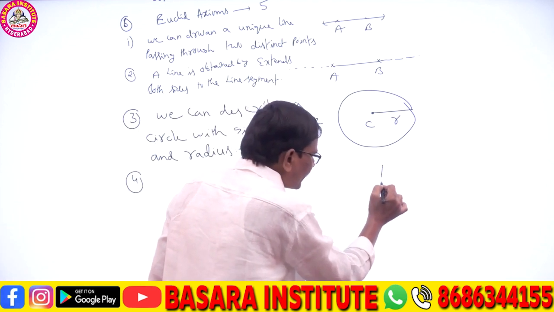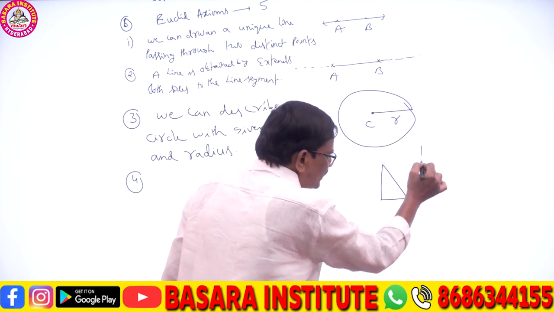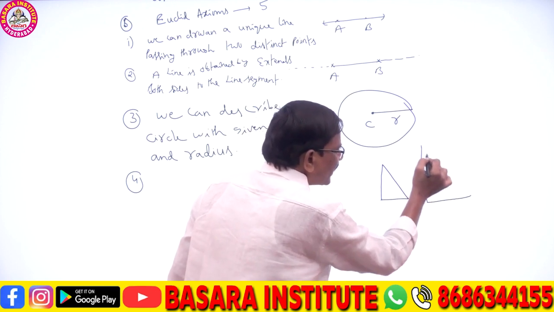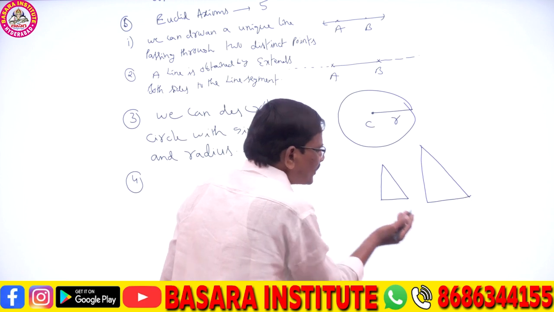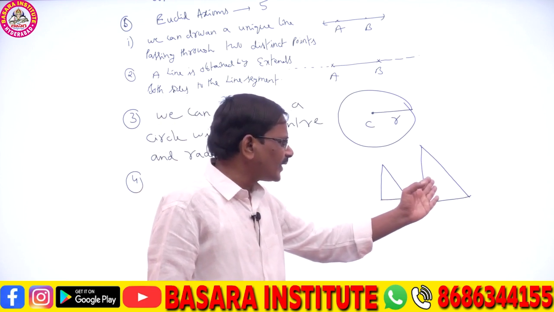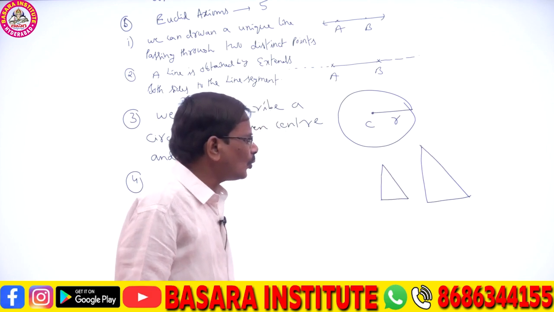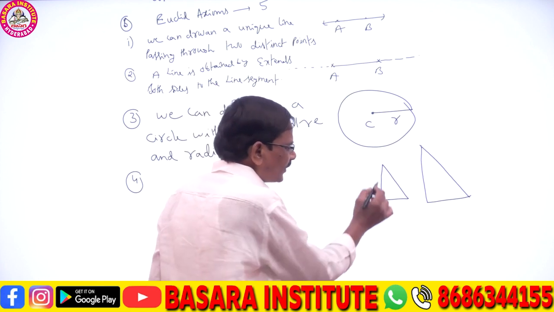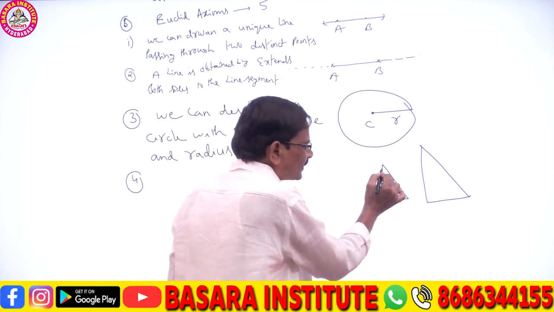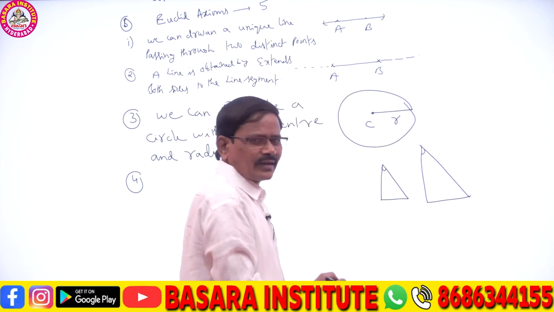So this is a right angle triangle. This is also another right angle triangle. This is a right angle triangle with some measurements, and this is also a right angle triangle with other measurements. If we take any two right angle triangles, the angle formed at this vertex may not be equal to this angle.